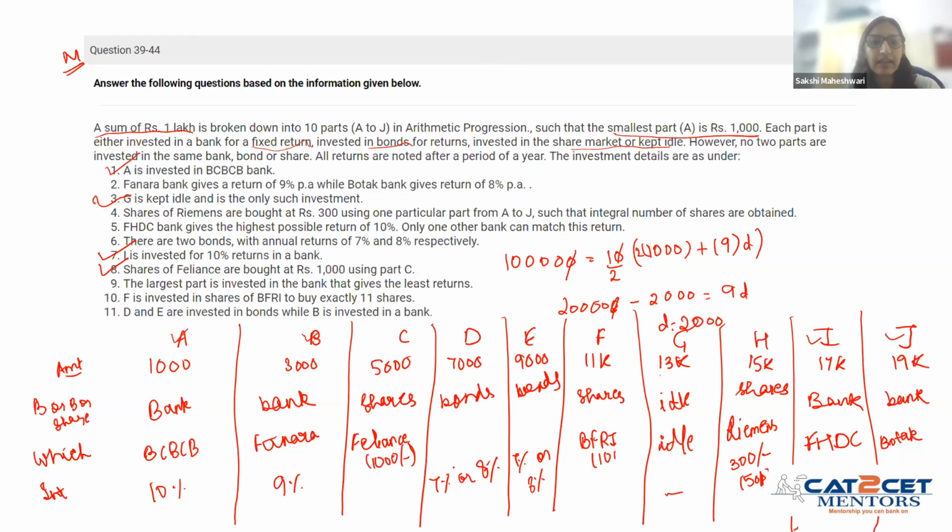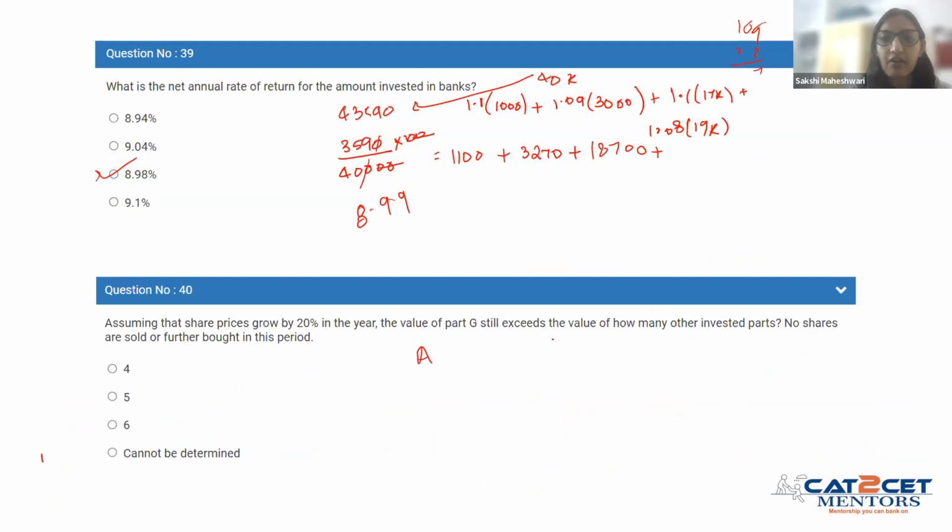And for bonds and bank, the maximum rate is, I think, 10%, right? So if we look at this 9,000, the maximum amount invested, and even if you give 10% return, it will be 900, that will be 9,900, and that is still less than G, like 13K, right? So I think A, B, D and E will still be less.